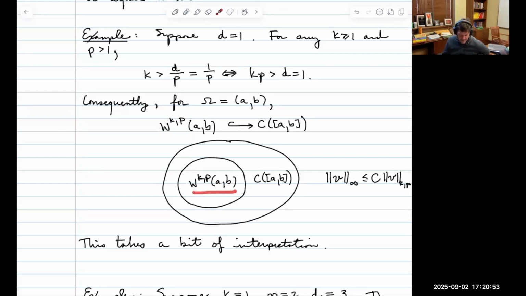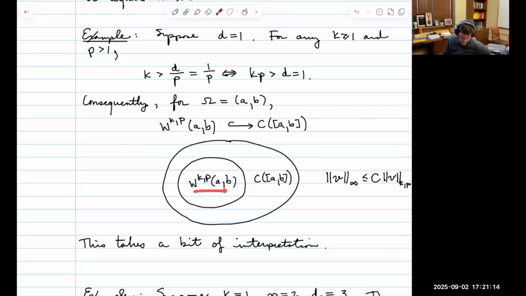Now, remember, these functions are Lebesgue L^p functions, and we said that if I scramble up their definition on a set of measure 0, it doesn't mean anything. There's nothing lost by changing their definition on a set of measure 0.